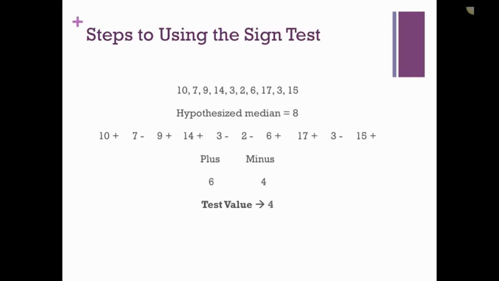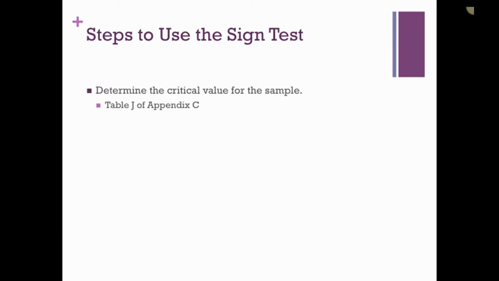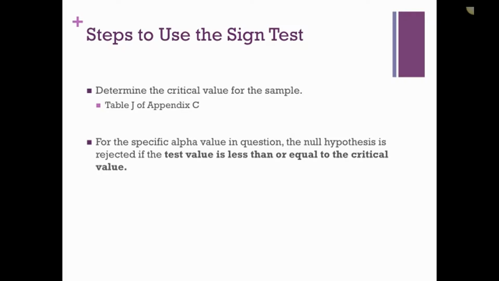Once you've determined your test value, then you have to decide your critical value for your sample. And for our purposes in this course, we'll use Table J, which is in Appendix C in the textbook, as our table of critical values.